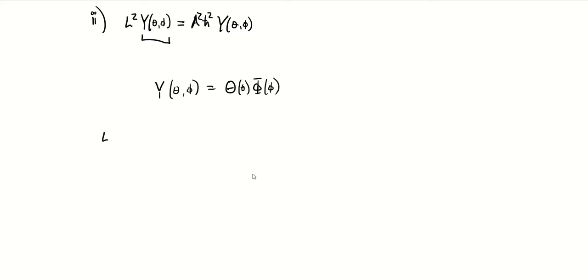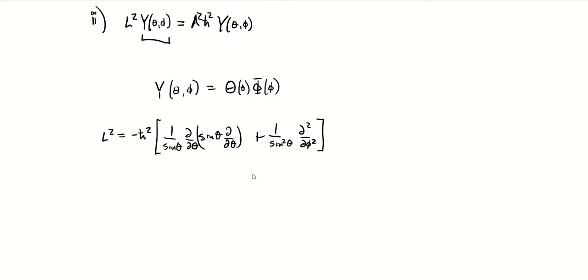We know, we showed this earlier, that the L squared operator is equal to 1 over sine theta partial theta sine theta partial theta, plus 1 over sine squared theta second partial phi squared.